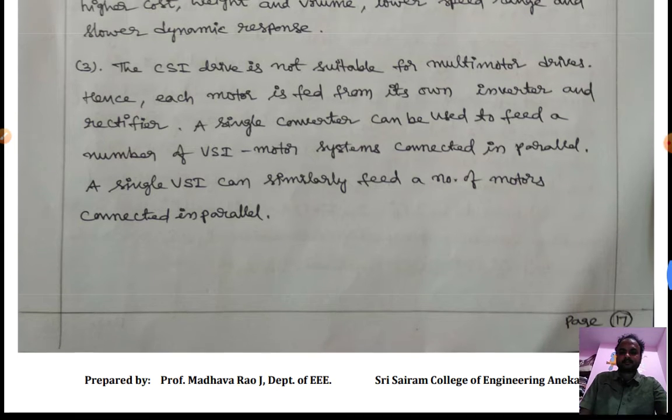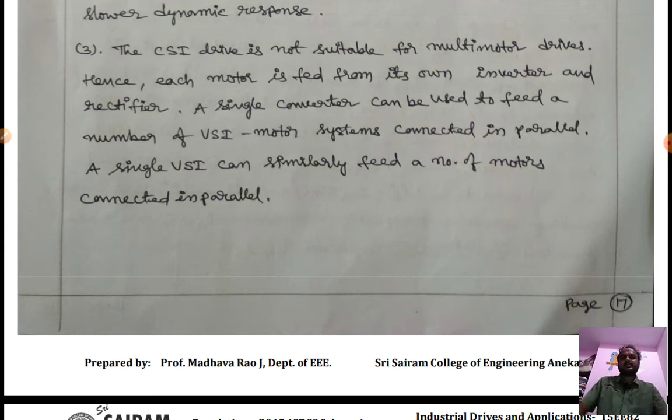Next one, the CSI drive is not suitable for multi-motor drives. There is one disadvantage in CSI. In cases where multi-motor drives are there, we have to go for voltage source inverter drives, hence each motor is fed from its own inverter and rectifier.